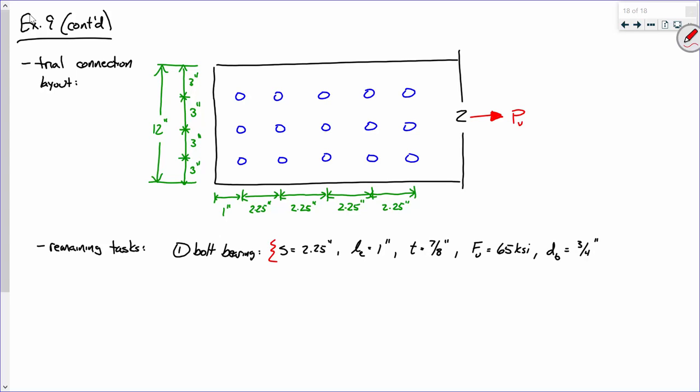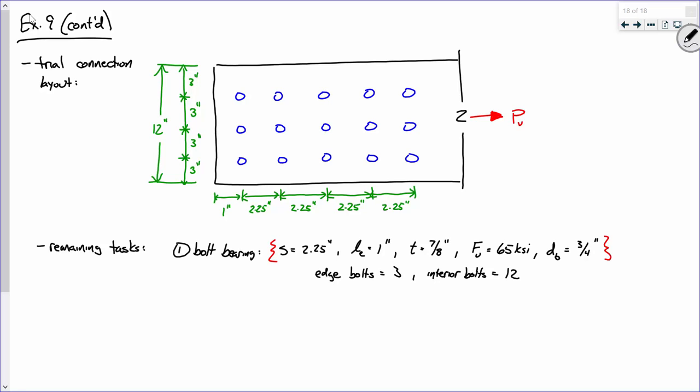How many edge bolts do we have and how many interior bolts do we have? 3 and 12. All right, so edge bolts is 3. Interior bolts is 12.